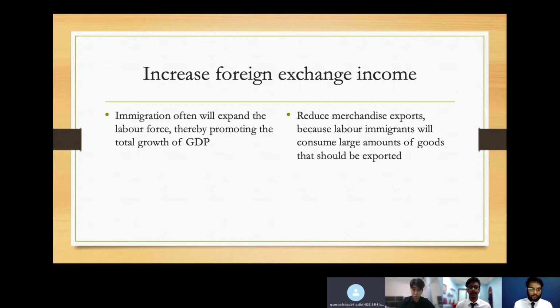Nowadays, the foreign exchange income of some developing countries from labor migration is more than 10% of the total value of their commodity exports. There are many examples, for instance Pakistan.